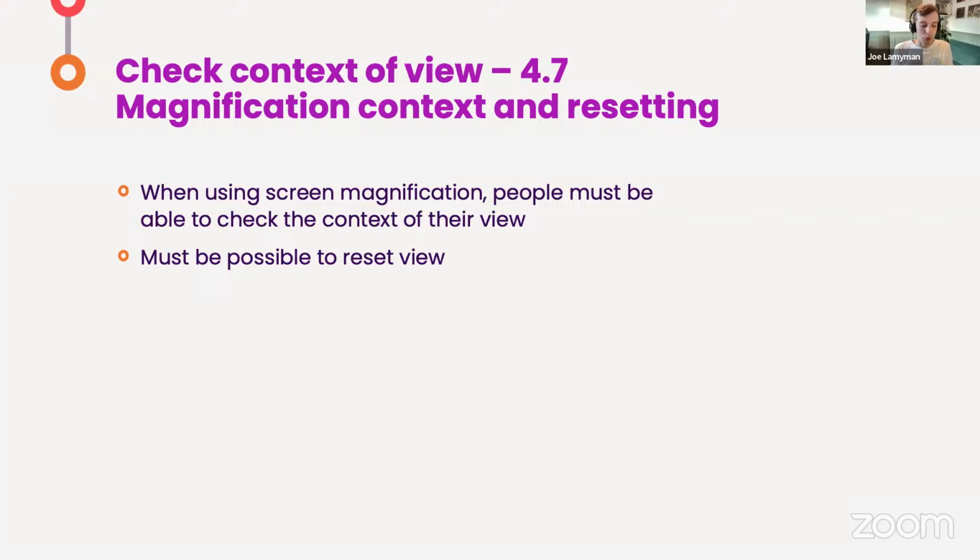So if you do know where they're currently magnified on, you can make sure that you provide important information to that viewport. So things like notifications, alerts or errors, these can all be presented in a way that the user can still see them. And it doesn't have to just be text information. It could be things like visual identifiers or audio effects that just make people aware that important information has appeared outside of their magnified view.